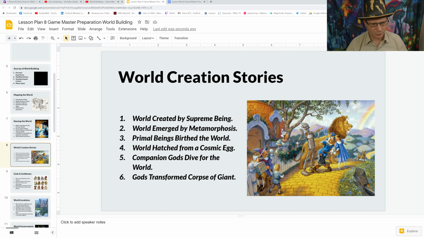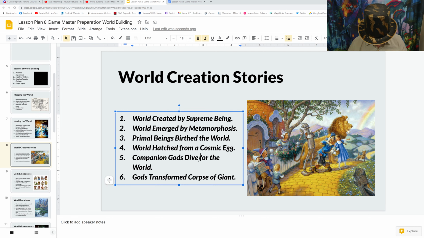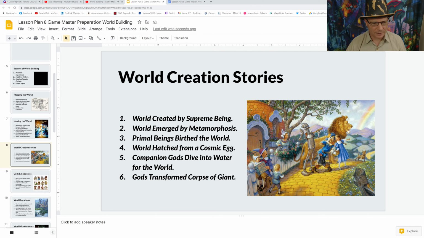Dive into water for the world. That's a common sort of thing that's going on there. Water always seems to play a big, huge part in this. And then god's transformed corpse of giant, or another god in many cases. So these are the basics.